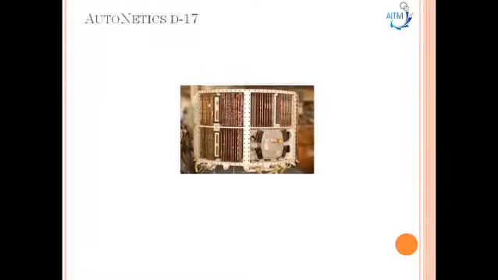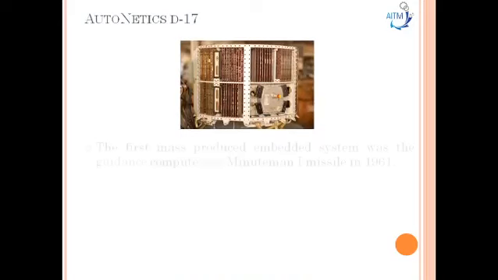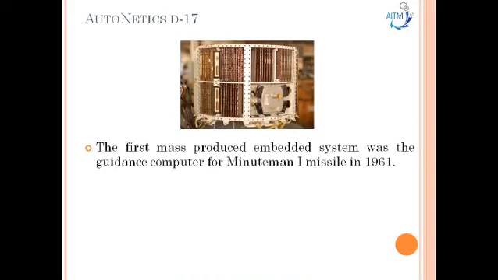Now coming to another embedded system, the Autonetics D17. In the year 1961, another crucial military project was initiated, the Minuteman I. For this, the Autonetics D17 guidance computer was designed, and it was also the first embedded system to be produced in large quantities.